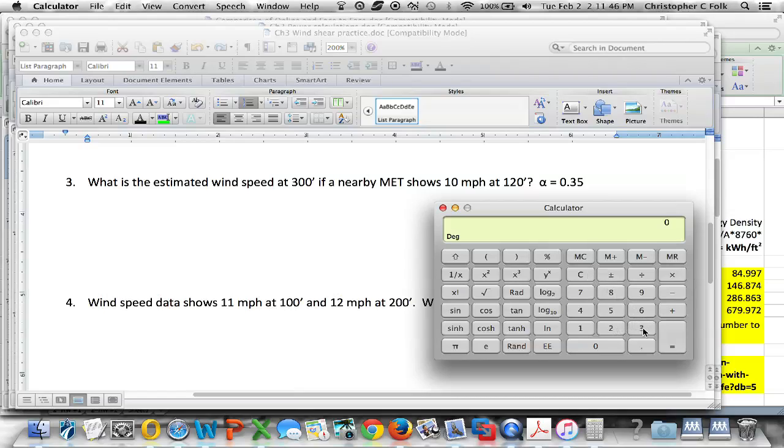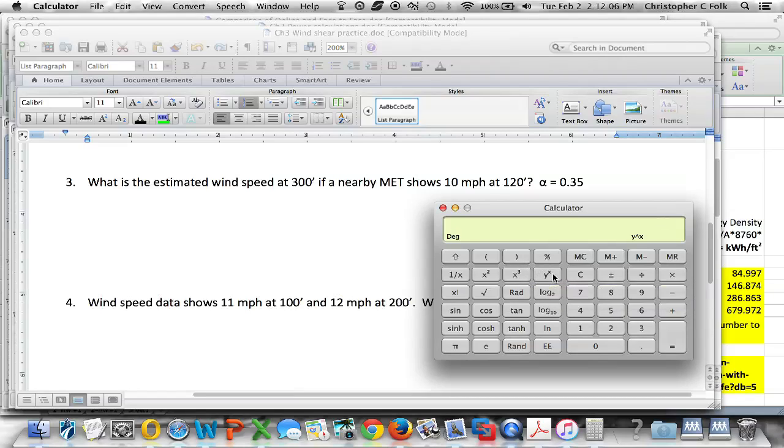So 300, 100 divided by 120. There's my answer. But I have to raise that to this wind shear value. So again, I can't use this cubed function. I actually have to raise it. Right?